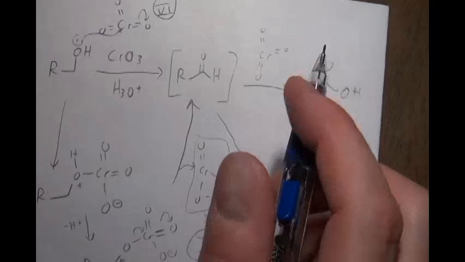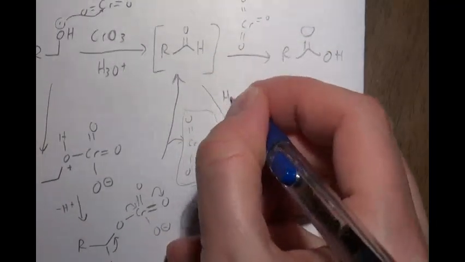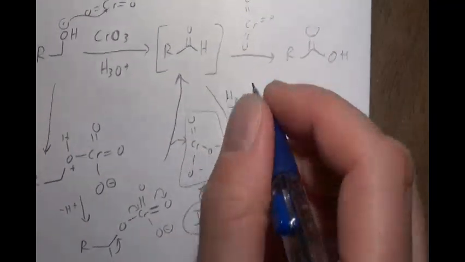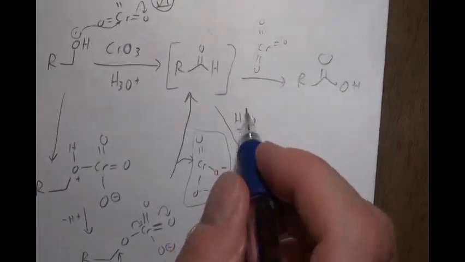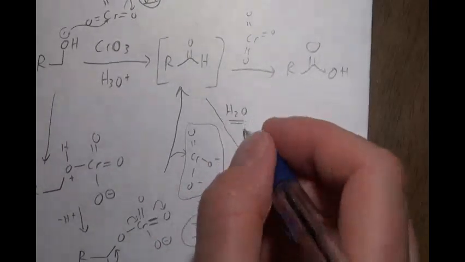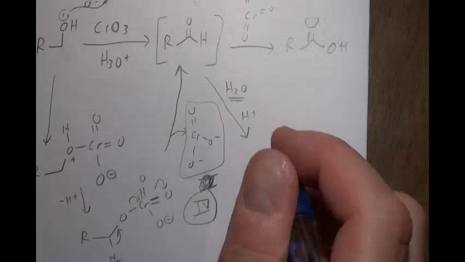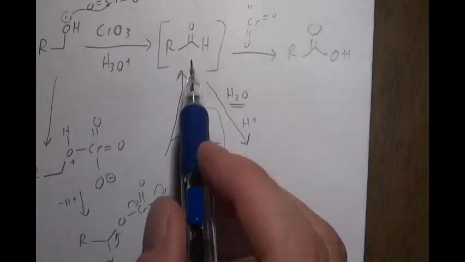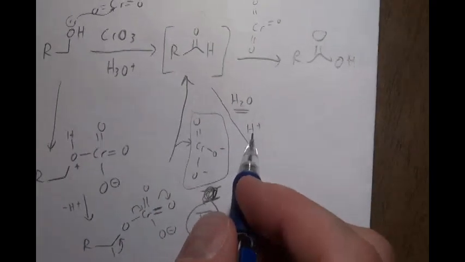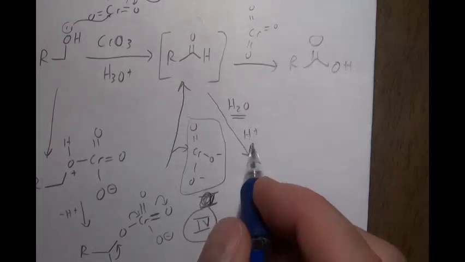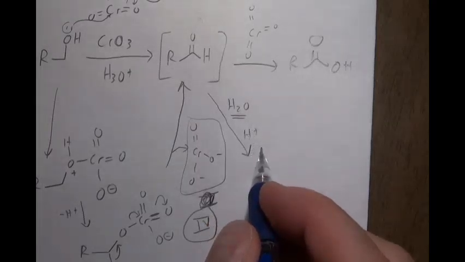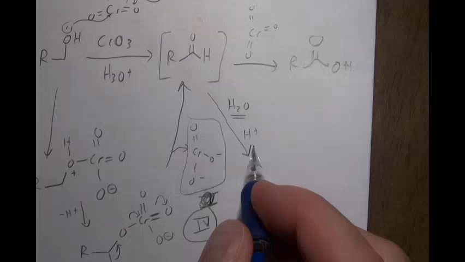Okay? So what we need to do now is use water, which is in solution. Use water, and there's also acid, H+, right? So we have aldehyde, we have water, we have acid. Think back to the beginning of chapter 17, which was back in the old whiteboard days of this course.